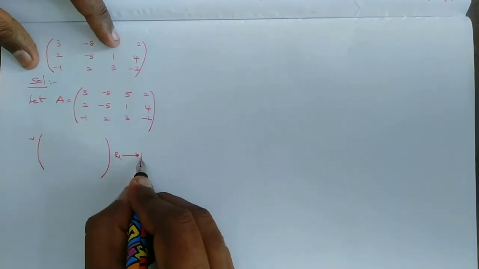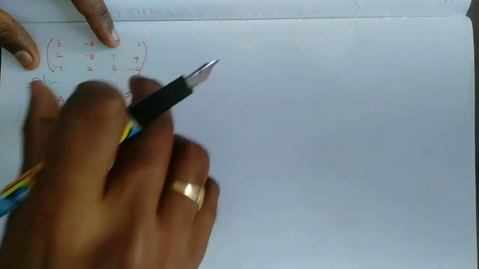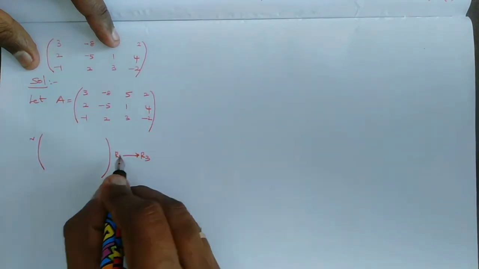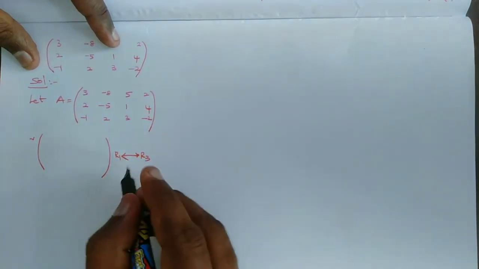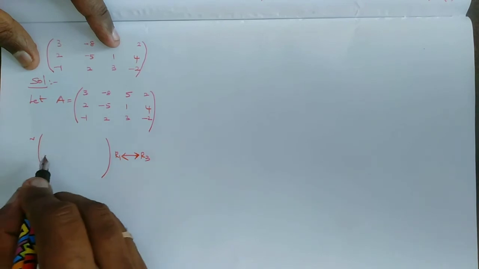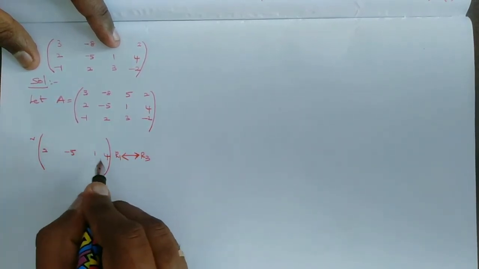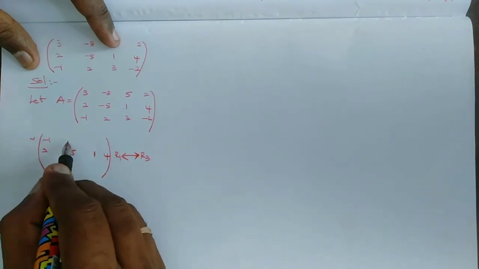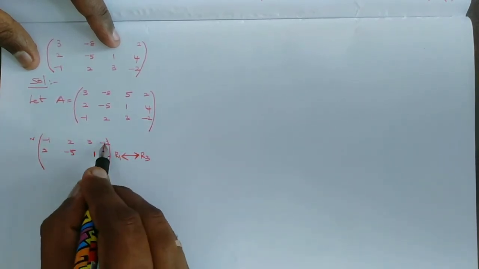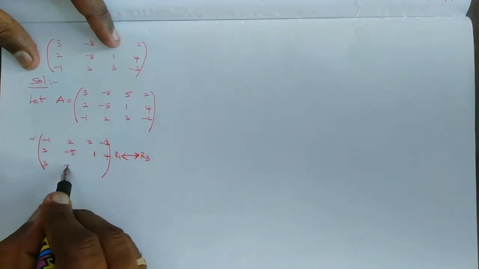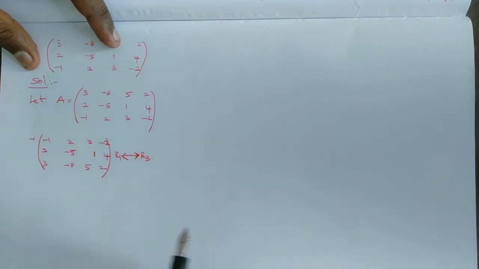R1 moves to R3 and R3 moves to R1, so two-sided arrow. There is no change in R2: 2 minus 5 1 4 is R2. Minus 1 2 3 minus 2, R1 came. 3 minus 8 5 2, R3 came.